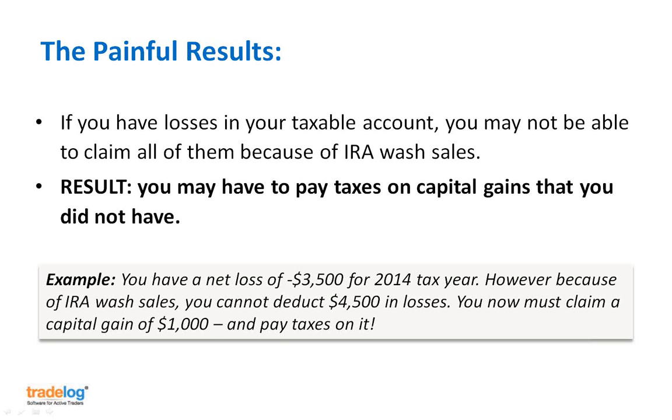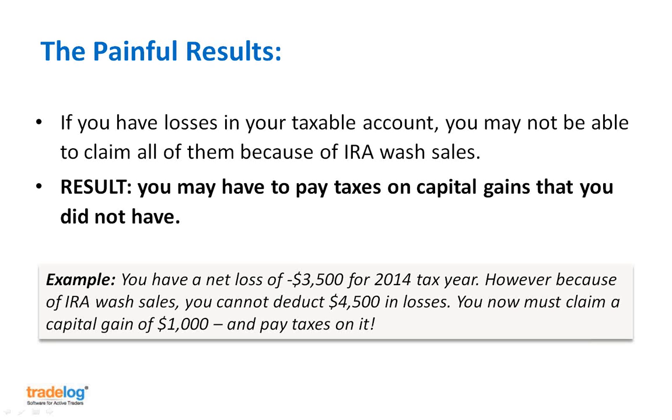Say that in 2014 you have a net loss of $3,500. So that's how much you've actually lost in the 2014 tax year. However, because of the IRA wash sale rule, you cannot deduct $4,500 in losses. So you have $4,500 in IRA wash sales that were permanently disallowed.